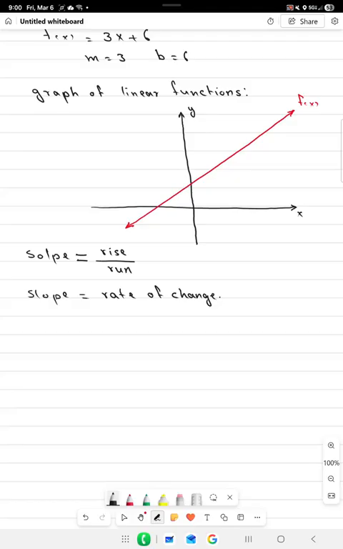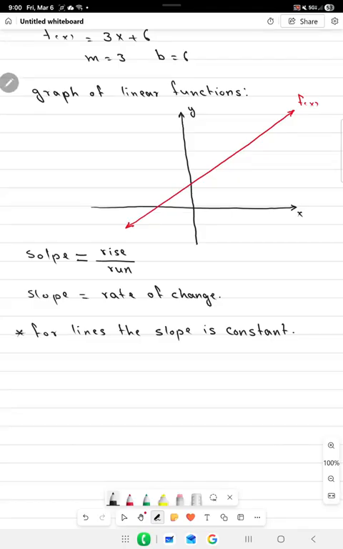Now, for lines, the slope is constant. Constant means it's not changing. It's really an important note for you.